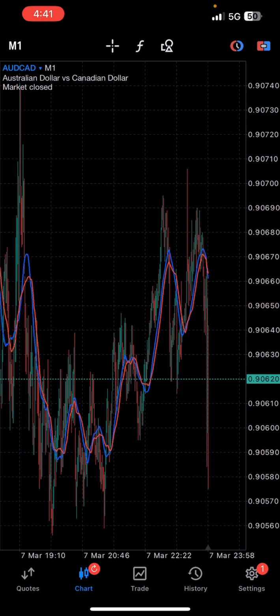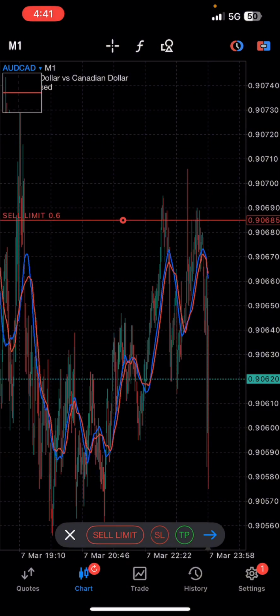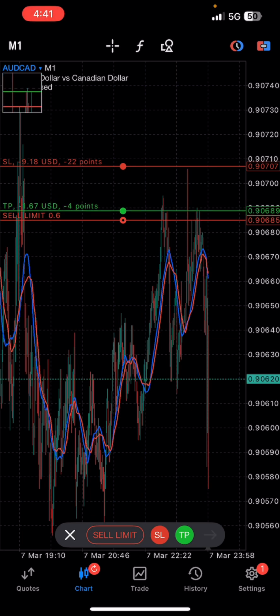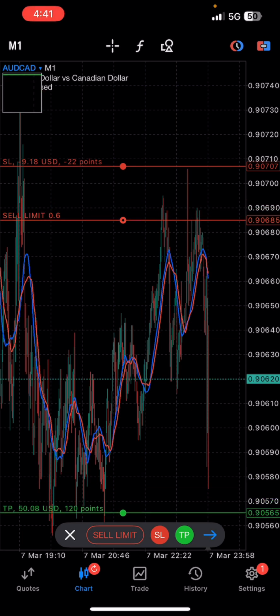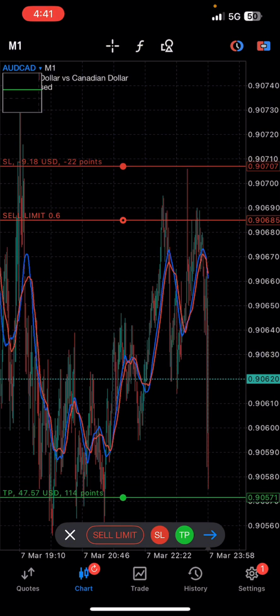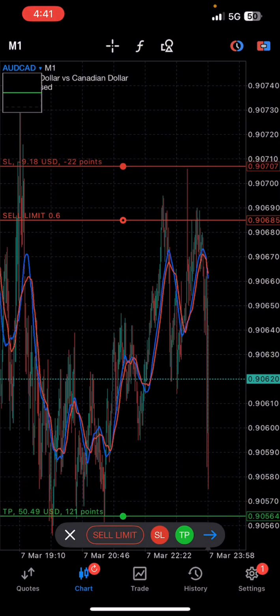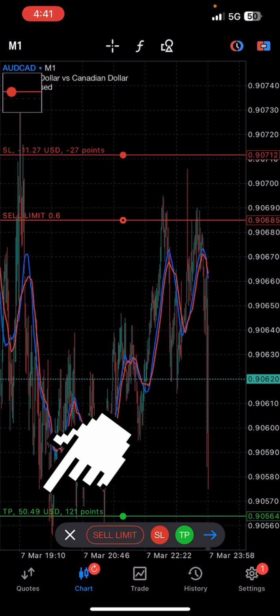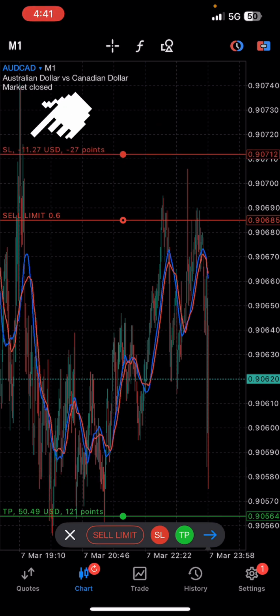But this is basically just an introductory class, right? So your TP when you're selling, because when you're selling, you're expecting the market to go down. So your TP when you're selling or setting sell limits is that the market will go down. As you can see, your TP is in profit $50 and your stop loss is around $11. So basically that's how that works.